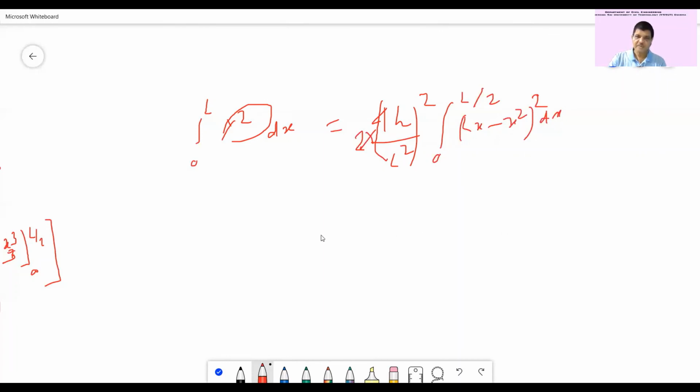If you take all these values, what will we find out? This will come as 4 into 4 is 16, into 2 is 32.